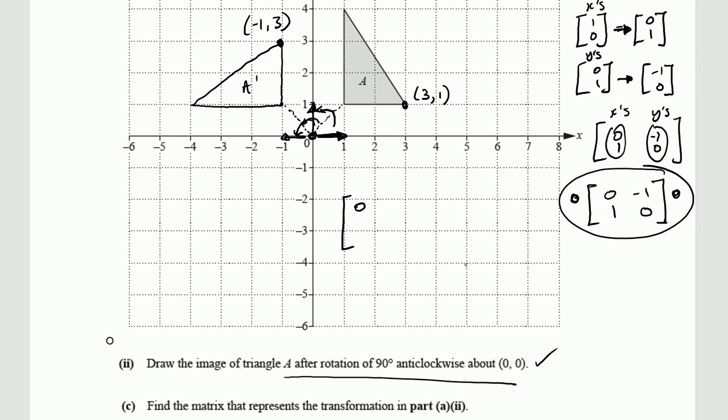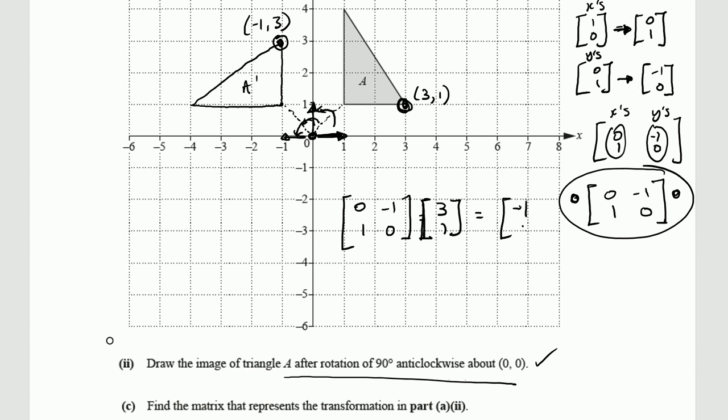So I'm going to apply my transformation matrix, which is my 0, 1, minus 1, 0. And I'm going to apply that matrix to the point 3, 1, the original point on the shape. I'm expecting that I'll get this new point over here. So to get the entry in the first row, I'm going to do first row times this column. 0 times 3 is 0, and minus 1 times 1 is minus 1.